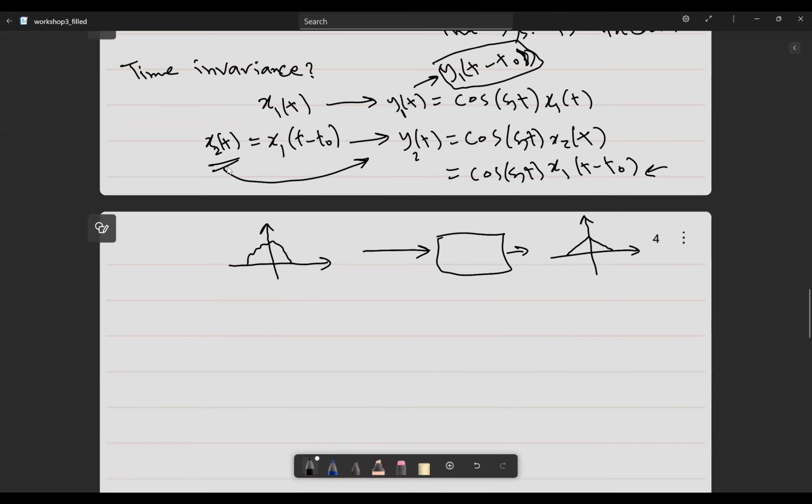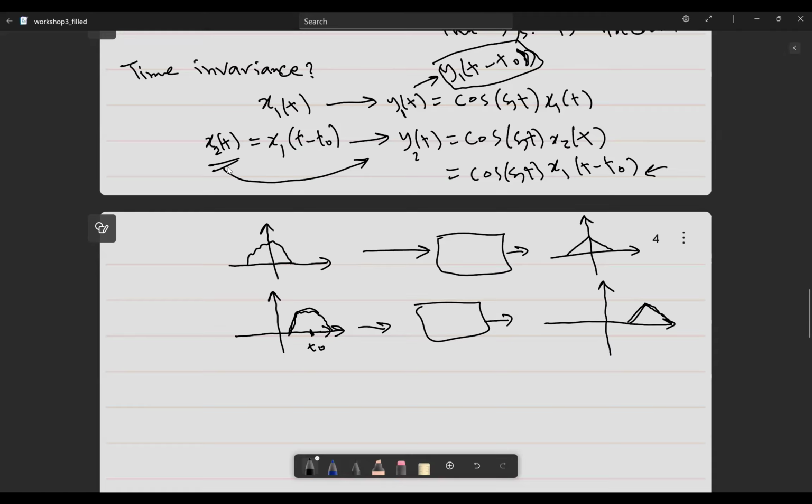If this system is time invariant, then if we shift this signal by T0, assume that those are identical but just time shifted, and we use it as an input, the output should be the same as the previous output, but just time shifted.